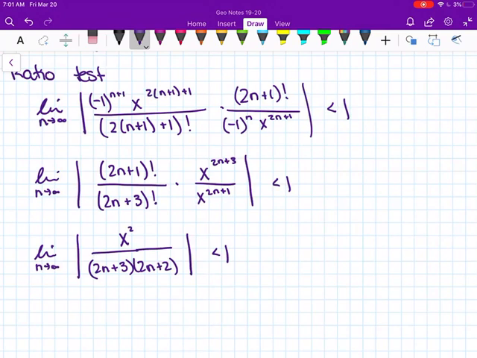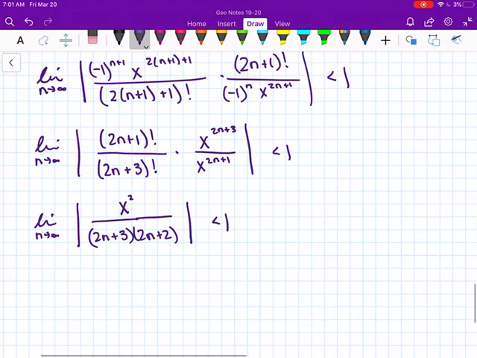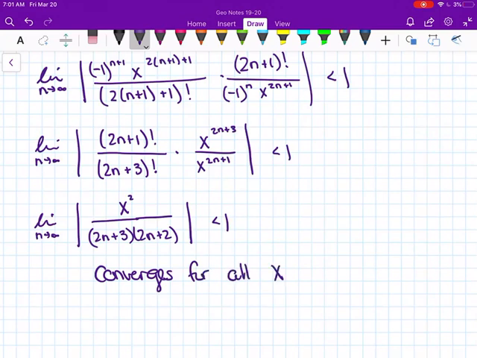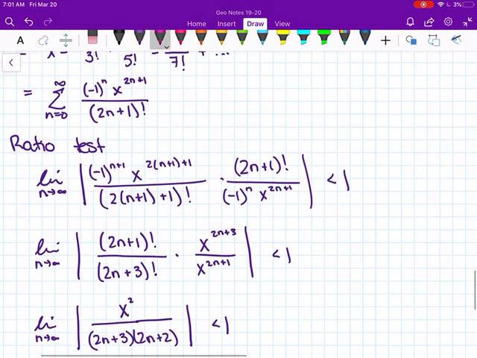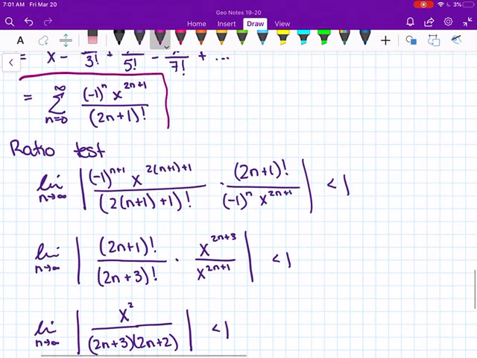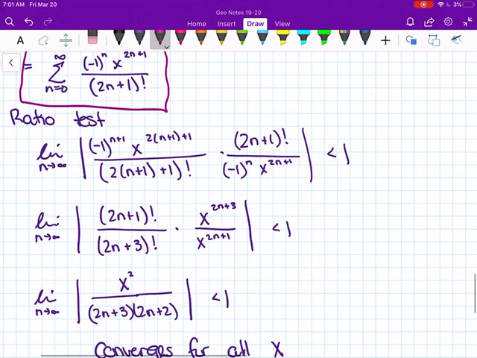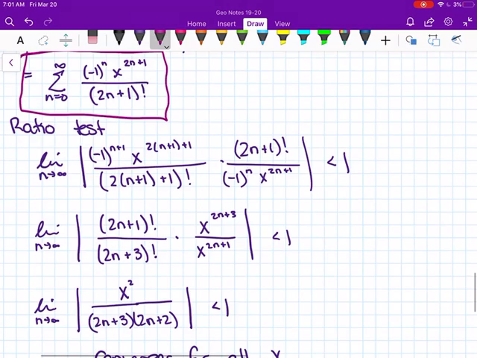And I want that to be less than 1. Well, as n goes to infinity, that will always be less than 1 for all x. So this converges for all x. All right, so here's my answer. My answer is this, for all x values. All right, that's the video today, so go ahead and try the homework.